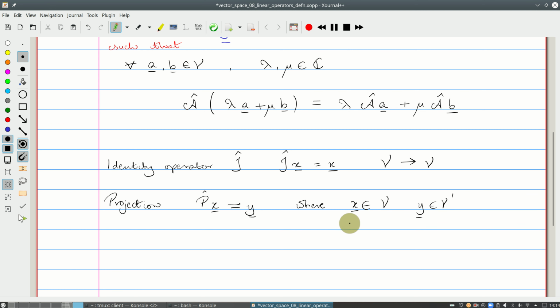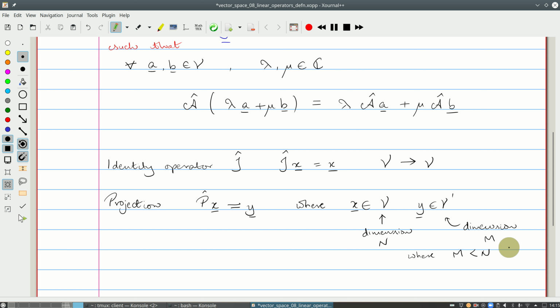And if this space has dimension n, then this space would have dimension m, where m is less than n.